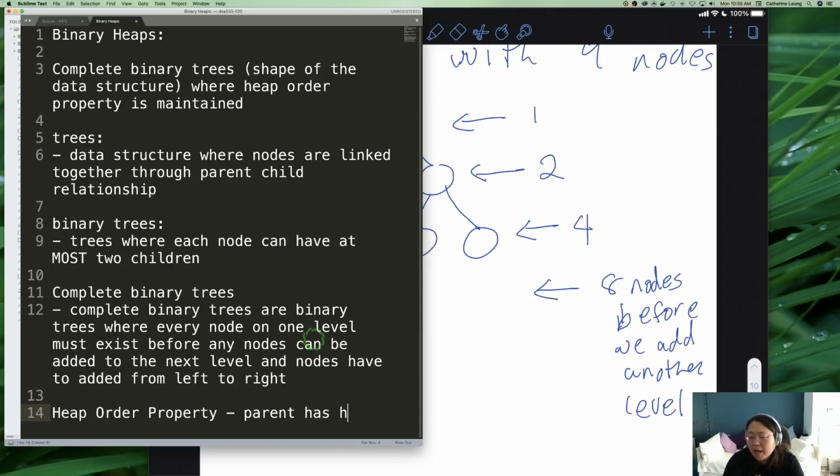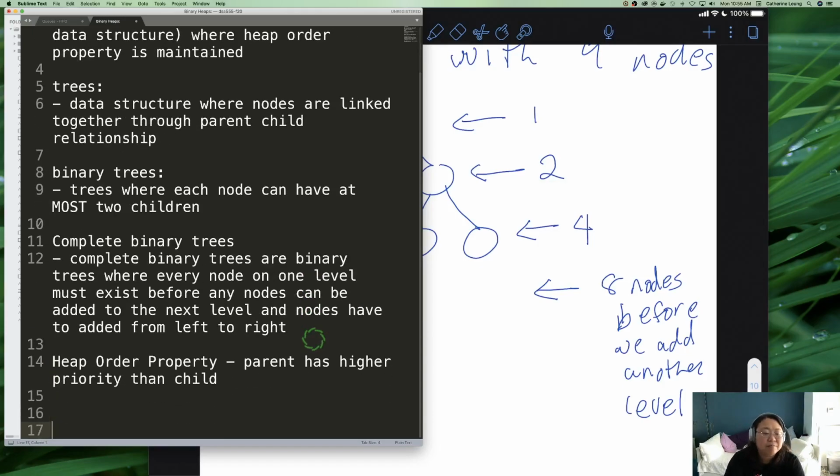Parent has higher priority than child. So the heap order is simply that the thing that's in the parent node has a higher priority than the children nodes. Now, it does not say which child is higher priority. It only says that the parent is higher priority.